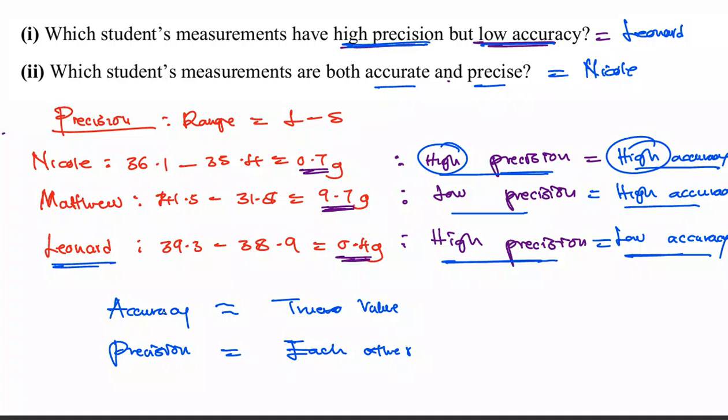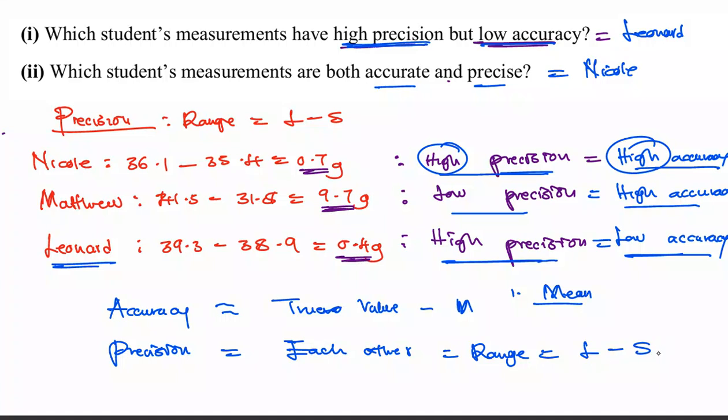The general step when you're finding both is to find the mean. When it comes to accuracy, you find the difference between the true value and the mean which you have found. When it comes to precision, you find the range, which is just the difference between the largest value and the smallest.